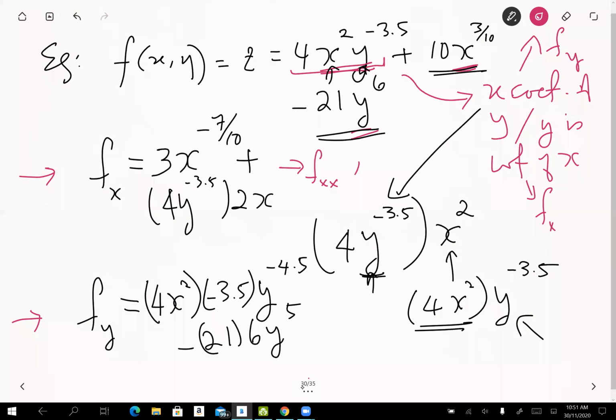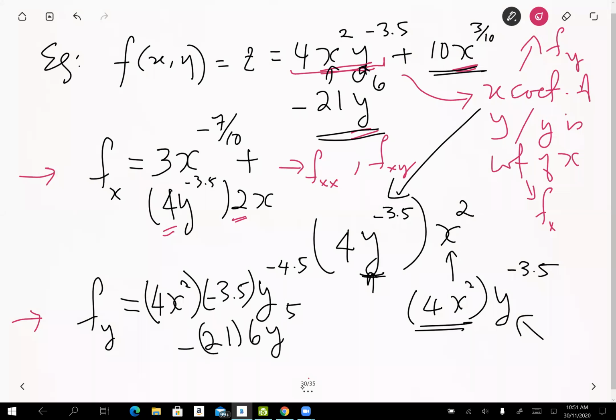And then take the derivative of fx with respect to y, so fxy. So in that sense, maybe you need to multiply out the constant wherever possible, so that you can do the second partial derivative. So I want you to try that.